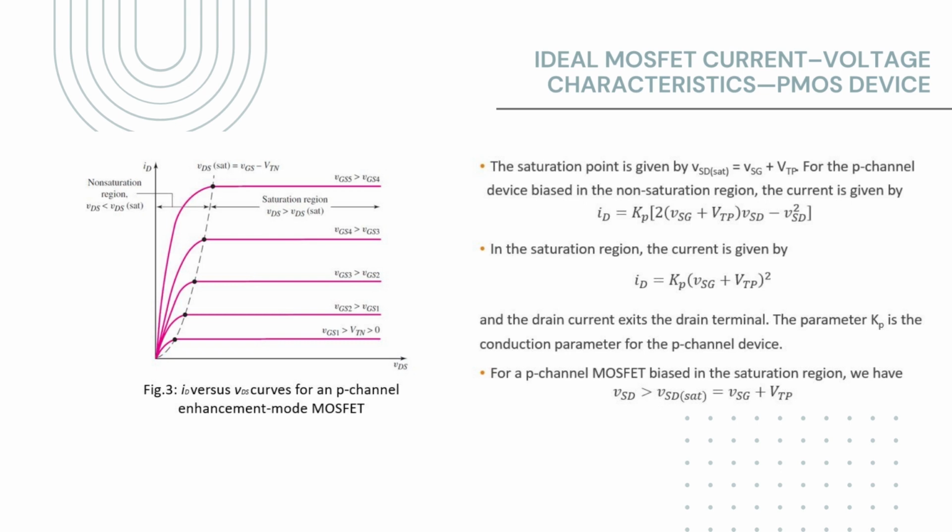The parameter Kp is the conduction parameter of a p-channel device. For a p-channel MOSFET biased in the saturation region, we have VSD greater than VSD saturation, that is equal to VSG plus VTP. Summary of the IV relationship of the MOSFET.